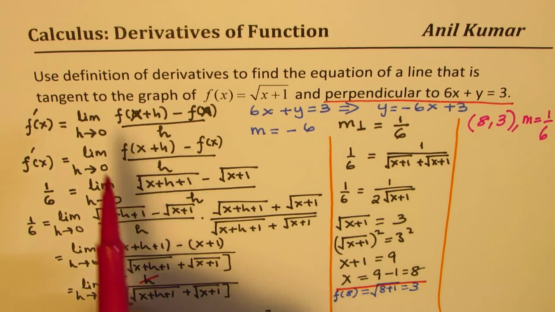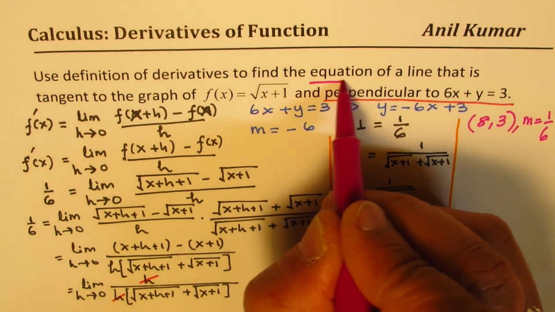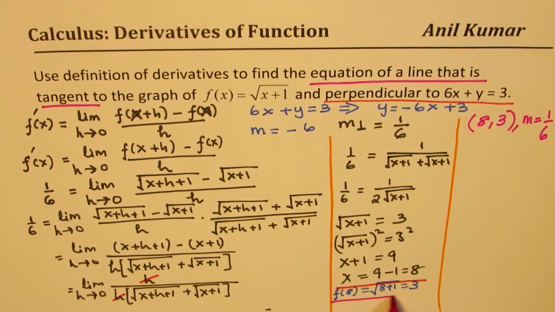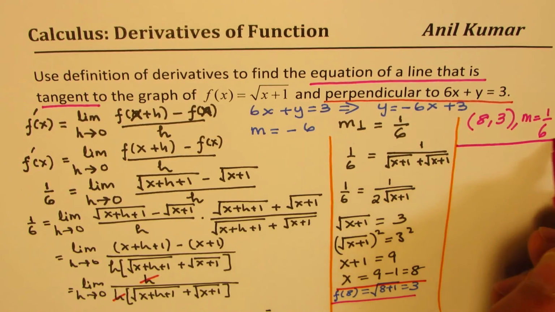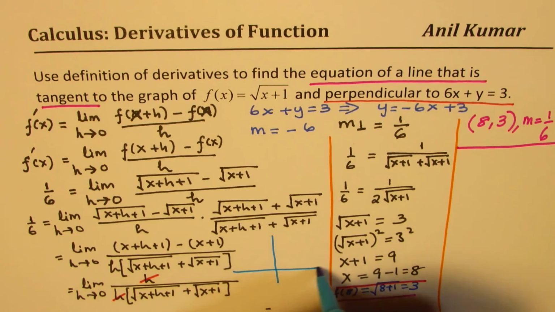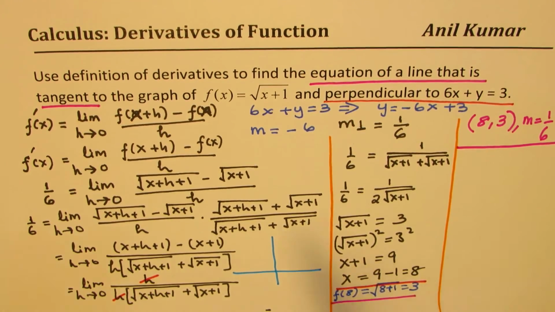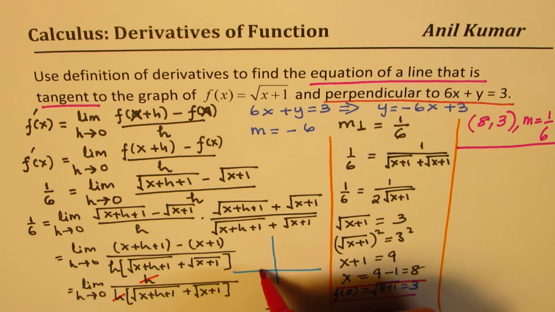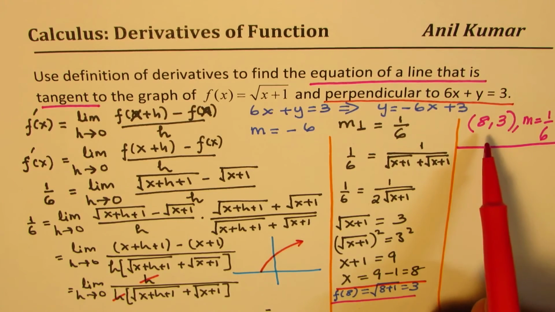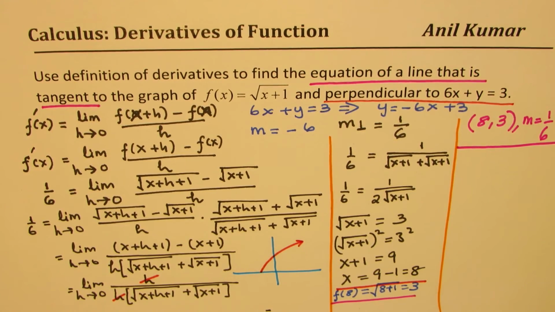So now let's find the equation of tangent line. So we have done the first part. We have actually found the coordinates of a point, and we also know the slope at that point, right? So basically what we've done here is, let me just sketch it here, that we have a graph which is square root of x plus 1, kind of like this, and we found that at a point 8 the slope is 1 over 6.